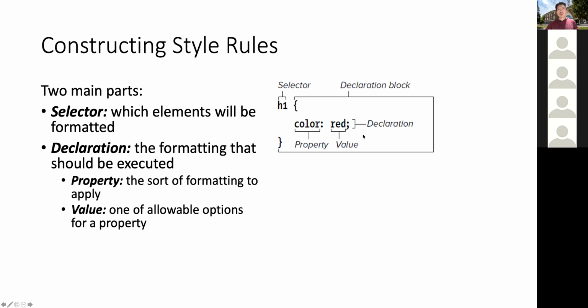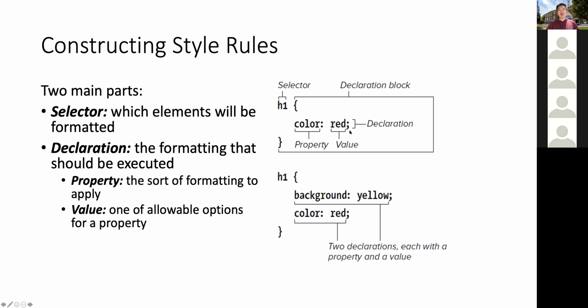And then for this particular rule, you always have a property which says what you want to change, and then the value you want to change it to. By default, the H1 will be black, and now I want to change that to red. And you can have more than one in the same pair of curly brackets. So you can say for the H1, I want to make the background yellow.